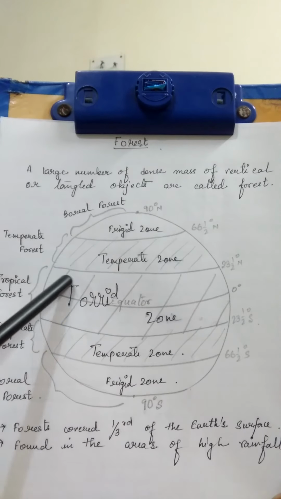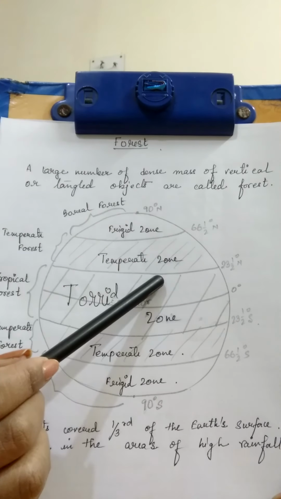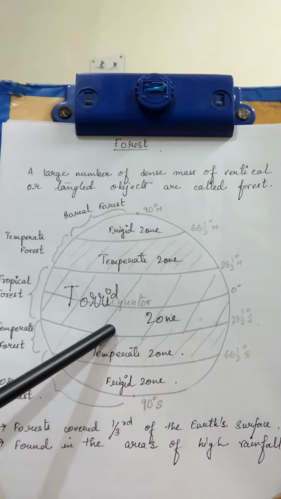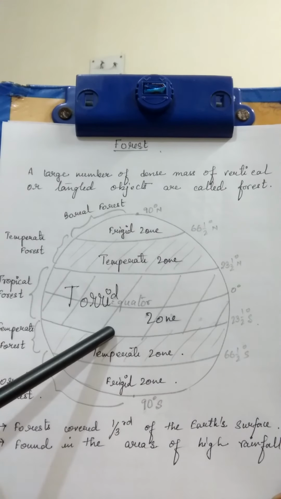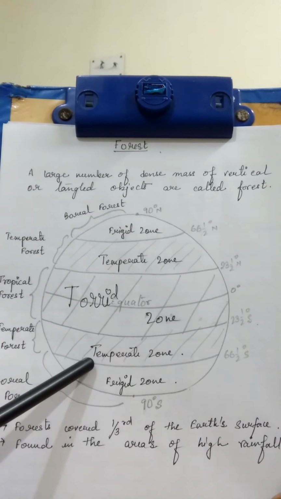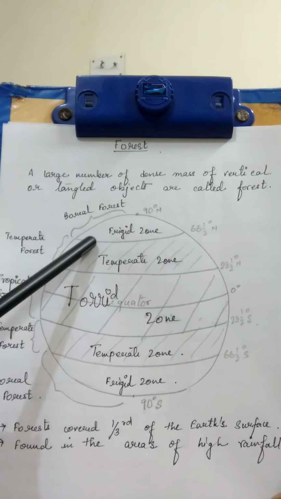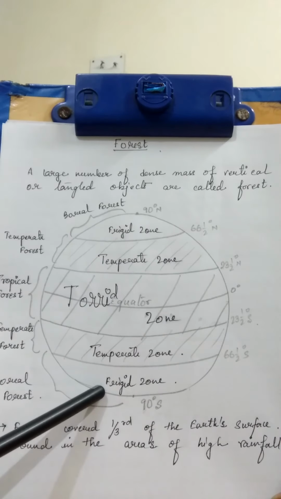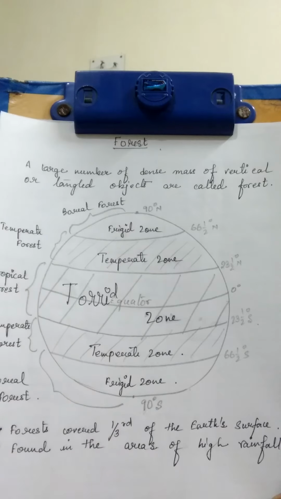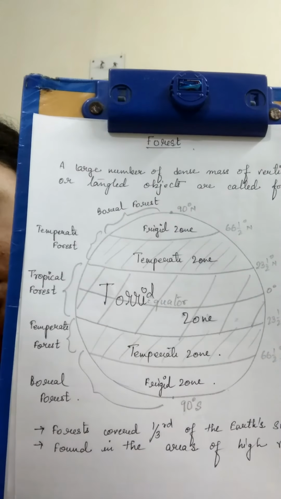Now this is the torrid zone. This is the north temperate zone, this is the south temperate zone. This is the north frigid zone, this is the south frigid zone. I hope you remember all these 3 heat zones.